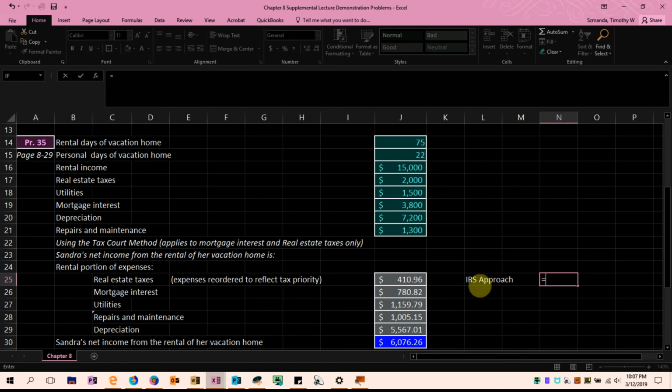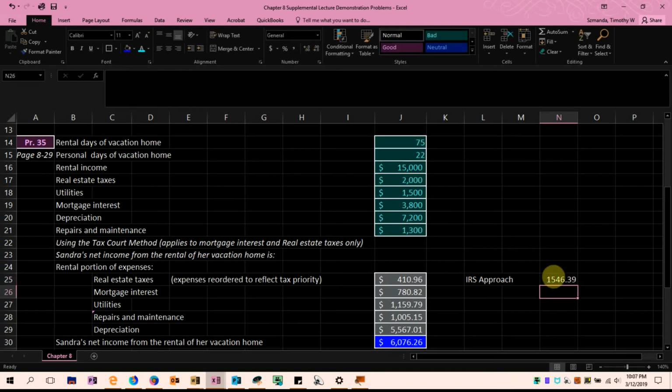So the calculation using the IRS approach as opposed to the tax court approach would be the $2,000 of real estate taxes times the 75 days divided by the sum of 75 plus 22, total days used.